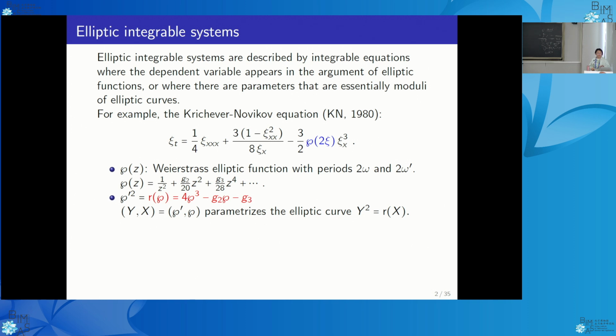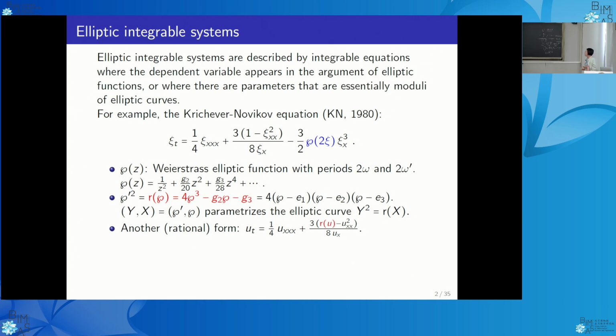If we set P of omega as e1, P of omega prime as e2, and P of omega plus omega prime as e3, we also have this relation. e1, e2, e3 are branch points of the elliptic curve, corresponding exactly to the zeros of the P prime function.